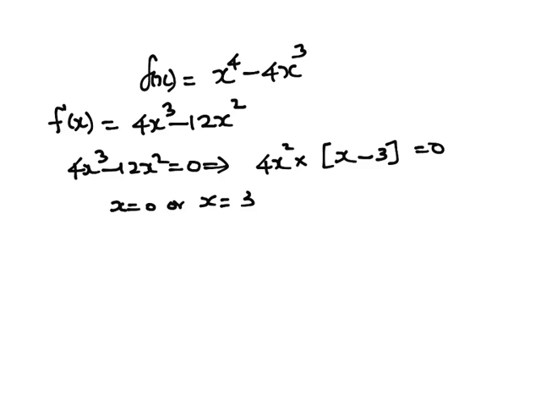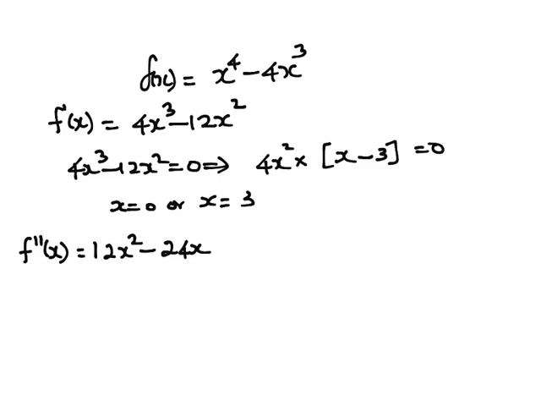Okay, let me find the nature of the stationary points 0 and 3. So let me find f double dash of x. f double dash of x equals 12x squared minus 24x.